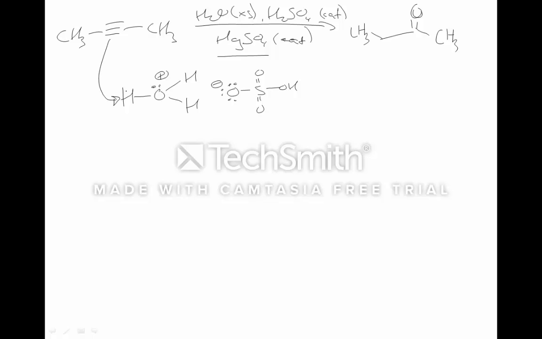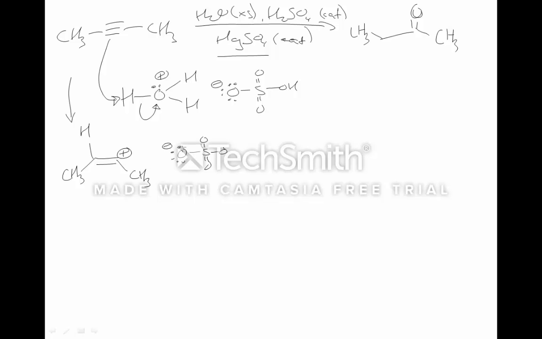Just like an alkene or an alkyne will pick up an H from HCl or HBr, it's going to pick up this H from H3O+, giving an alkenyl carbocation. Again, I don't love drawing these because there's debate about whether these form, but this really gives us a theme.